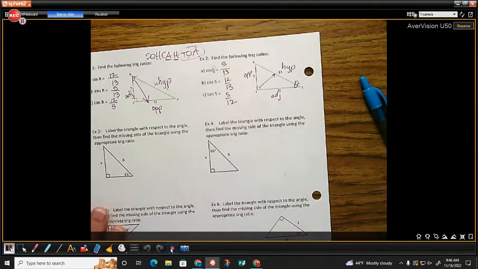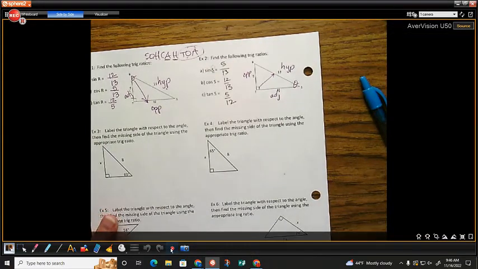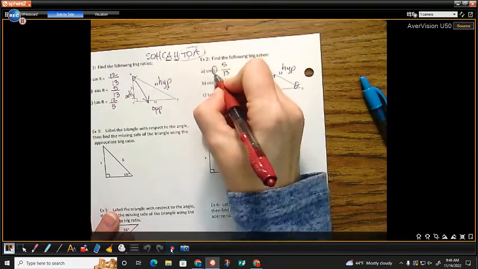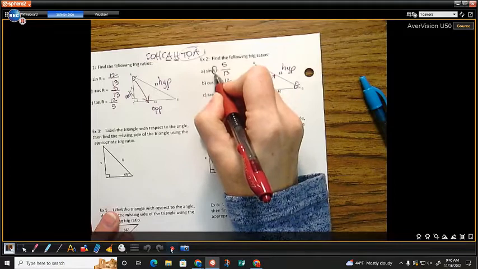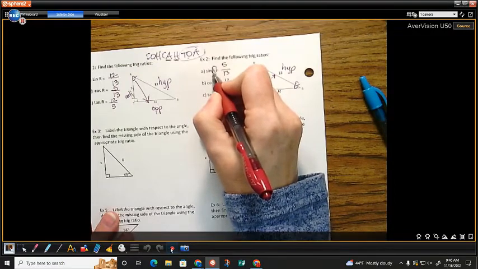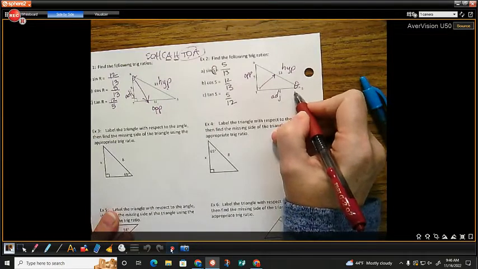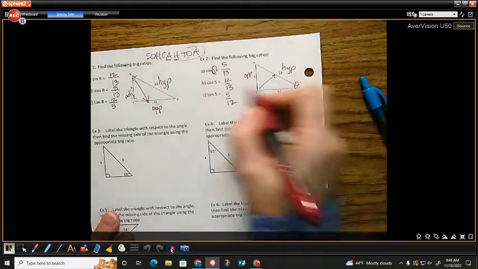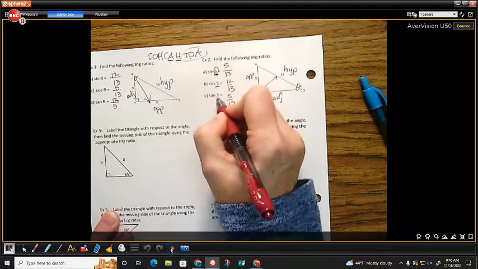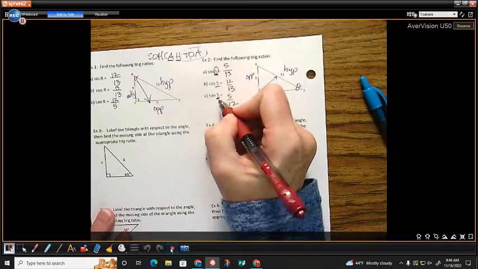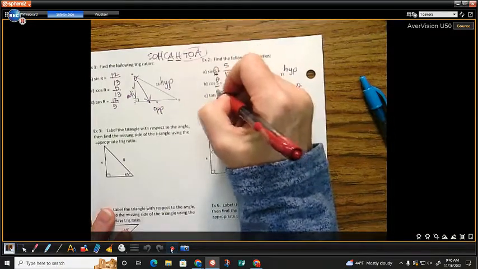I'm confused about theta. How did you find theta? See how they're asking about the sine of S? That means find the sine of angle S. That's the angle I'm referring to, and that's the one we call theta. The letter after your trig function will always be referring to an angle, and that angle gets called theta.